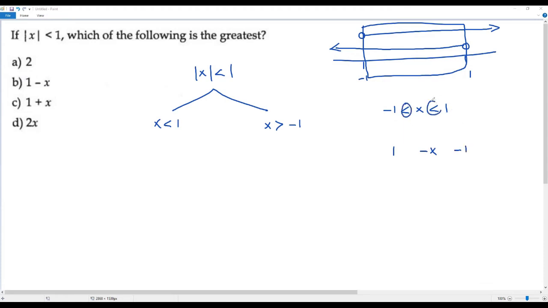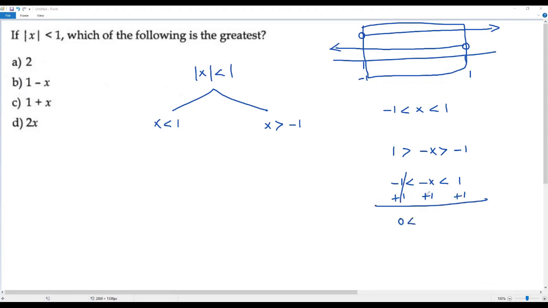Now we have to flip the inequality signs over here, then it will become greater than. Now we can rearrange the terms over here. That is, let me write this one first, -1, then -x, and then write 1. Again, we have to flip the inequality signs, less than, and less than. Since we have 1 - x, let's add 1 to all the three quantities over here. There is +1, +1, +1. Here -1 + 1 will cancel.